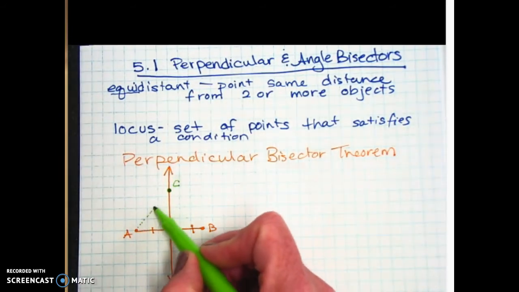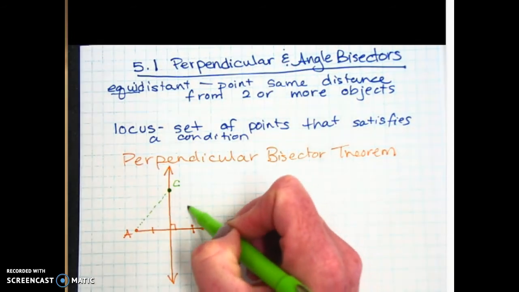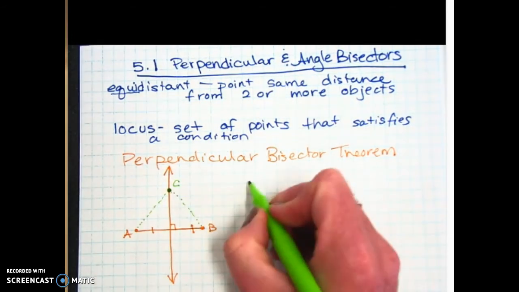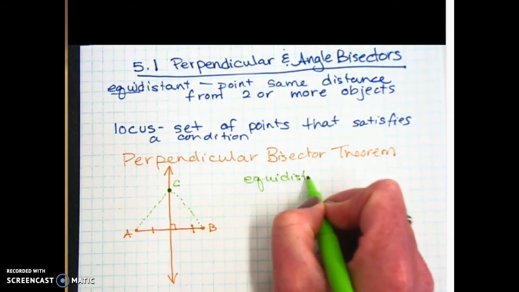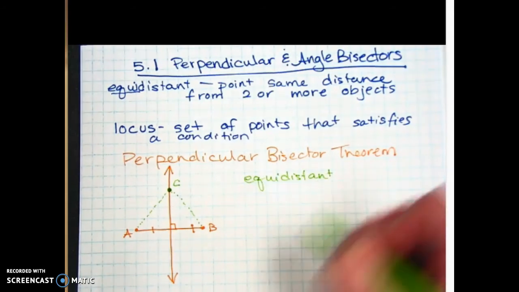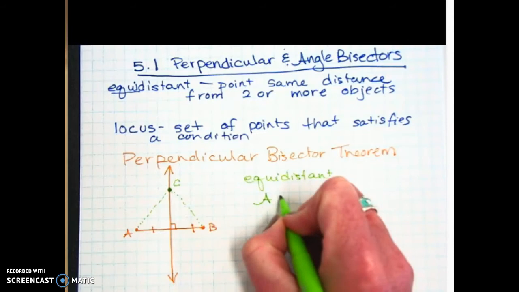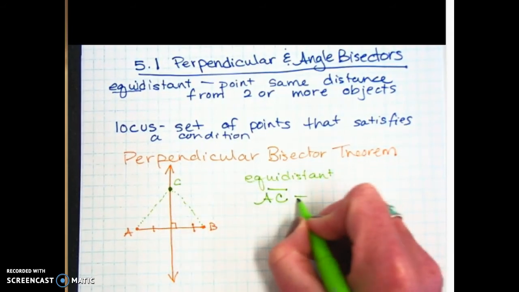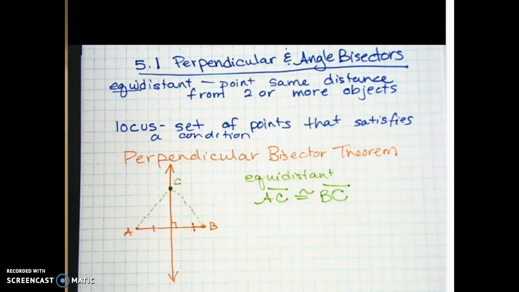So if I were to draw in a line from A to C and from B to C, they would be what we call equidistant. Equal. And in geometry, that ends up being congruent, right? So AC is going to end up being congruent to BC. And you can kind of even see, just from looking at it, that that's true, okay?